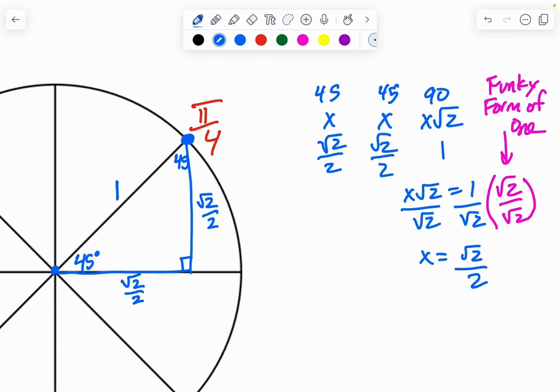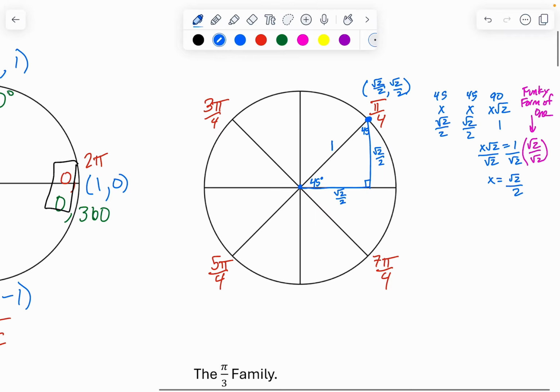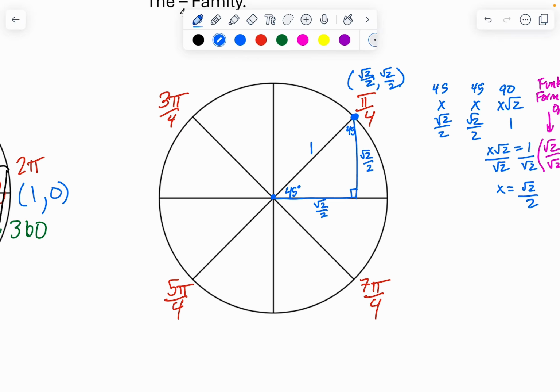And so the coordinates of this point right here, that pi over 4 is kind of in our way, but the x coordinate is a positive root 2 over 2. The y coordinate is a positive root 2 over 2. Okay, so now let's think about this for a second. We're going to reflect this into quadrant 2. So this point is reflected over the y-axis right here.